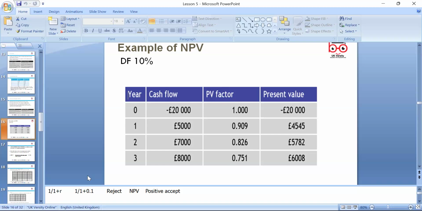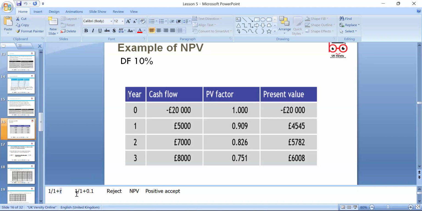Normally the formula is 1 divided by 1 plus R. 1 is £1 today, and R in the formula is the discount factor. If you borrow money at 10%, you can use a discount factor of 10%.